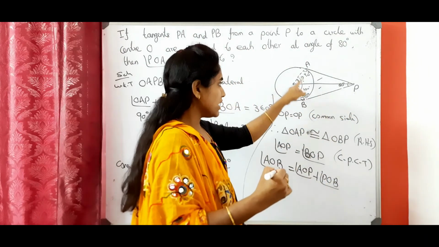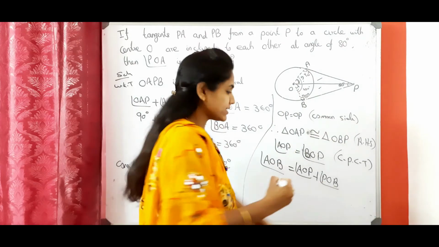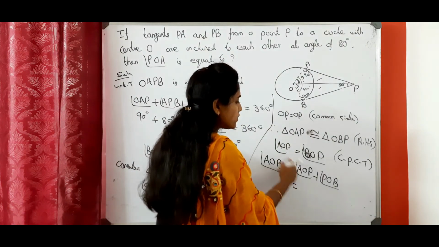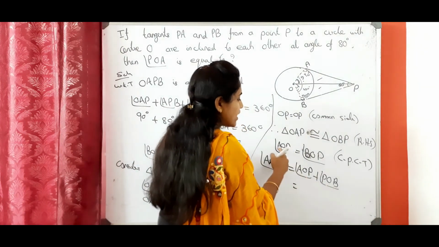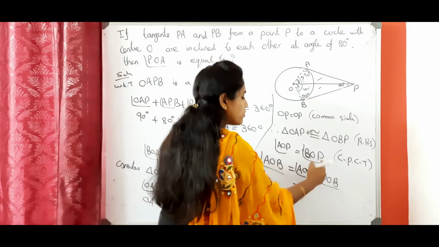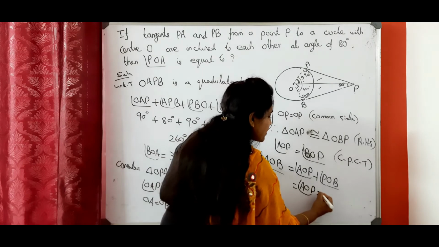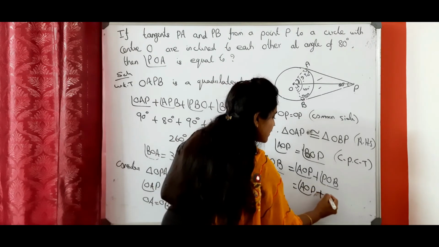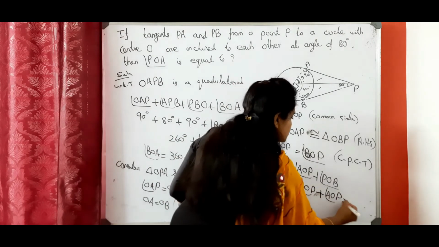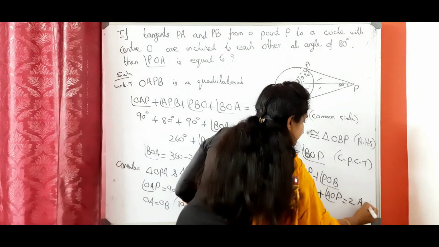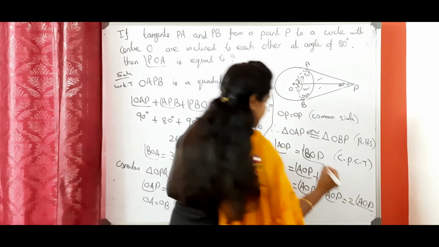We can write the full angle like this, right? Now we proved that these two angles are equal, AOP equal to BOP. So instead of this we can write again AOP only, plus AOP. So we will get 2 into AOP, right?